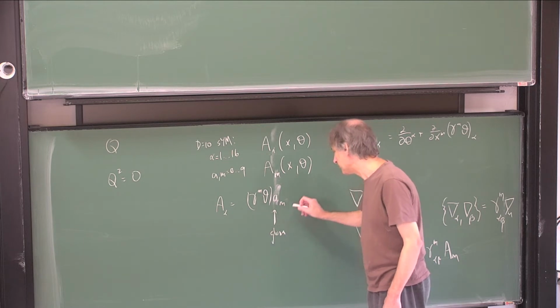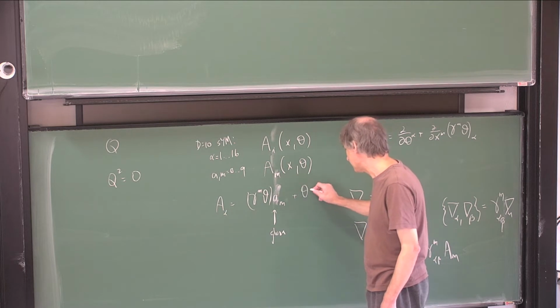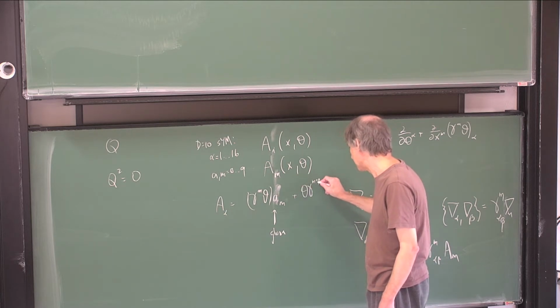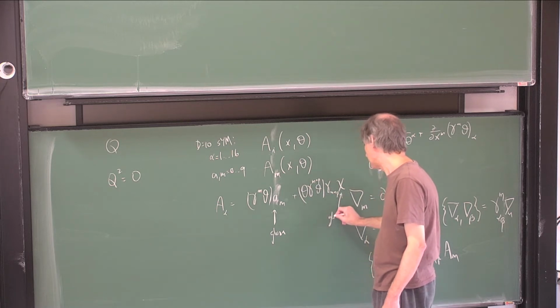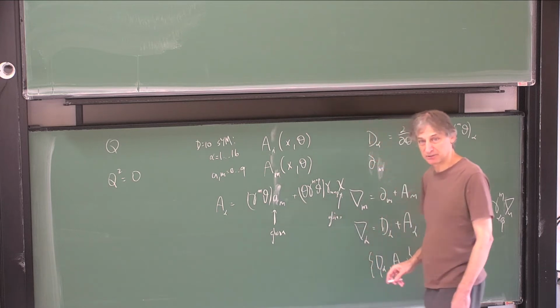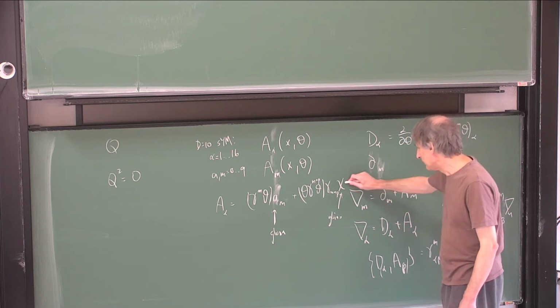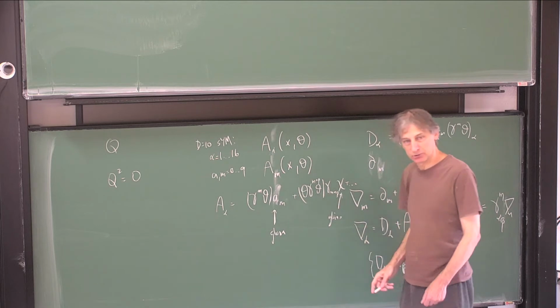And then the gluino sits at next order in theta, so you get something like theta, different ways to write it. So this is the gluino. So the zero component of A alpha is some auxiliary field. That's right. It's actually a gauge. And the higher components in theta can all be related to the gluon and gluino.